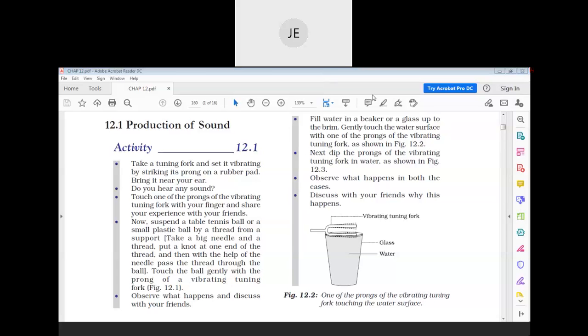Yes, you have checked it. What have you observed, Supajit? Sir, the voice box is vibrating. Yes, very good. So with this activity we can understand that whenever there is a vibrating body, sound is produced.